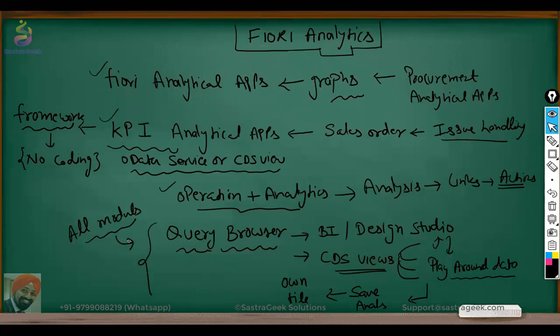So this is a common thing. When we are discussing the different modules, we'll not come back to the query browser. We are going to discuss it now in detail, so that for any module, if you want to jump into what kind of reportings can be generated out of the box from SAP S/4HANA, you can do some self-exploration through the query browser.